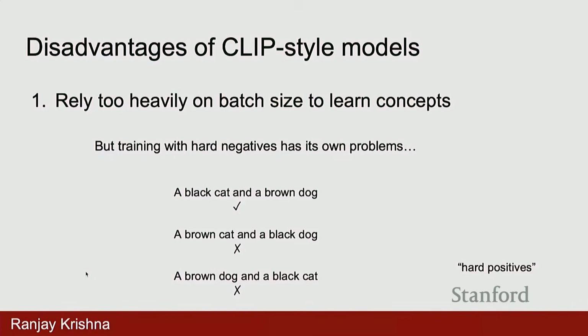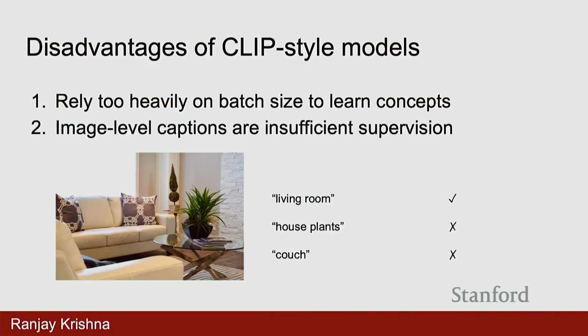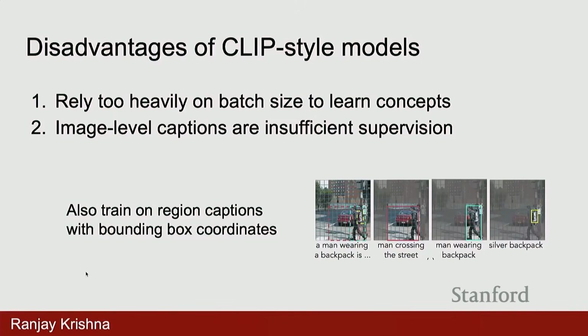So there's a lot of work still to be done in figuring out the right way of constructing your dataset, the right way of constructing your batches and training signal. So we're still really far away from that. But regardless, people are still very excited about CLIP in general, because it does give you some amount of supervision. Of course, again, image-level captions are not enough.